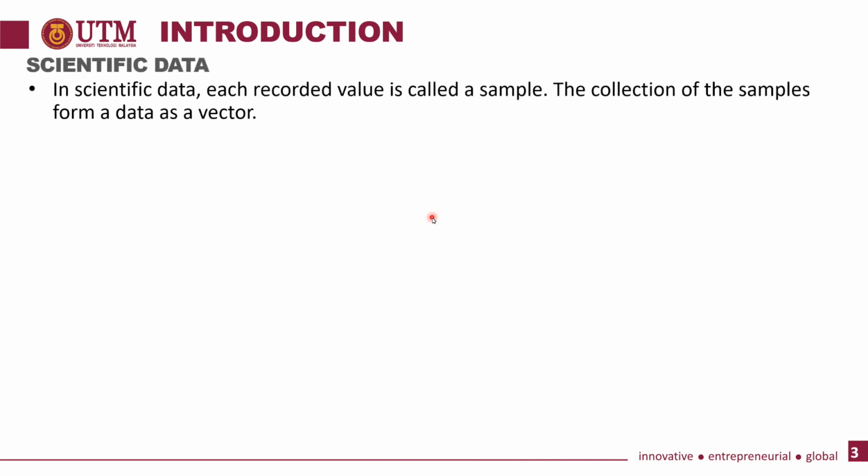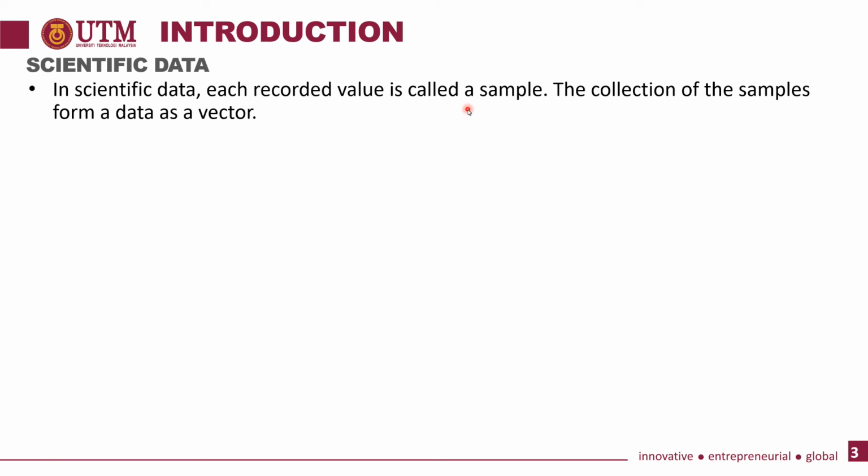Scientific data. What is actually scientific data? In scientific data, each recorded value is called a sample. The collection of the samples forms the data as a vector. For example, I want to collect the pH value of a river, but in one minute only. In 1 minute, I want to collect 5 data points, so the sample inside my data is a total of 5 samples.